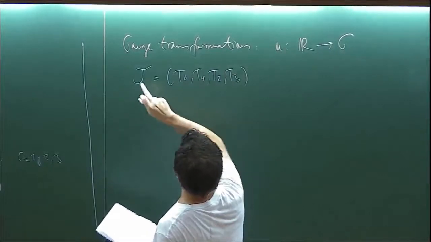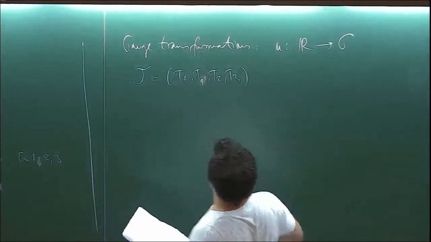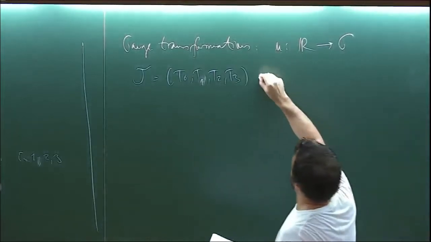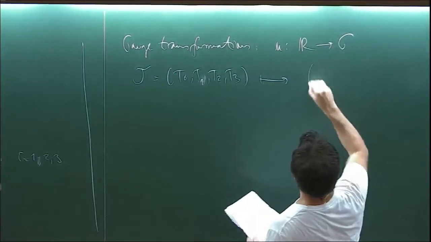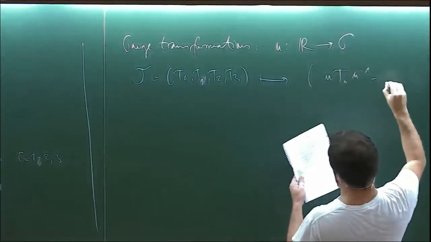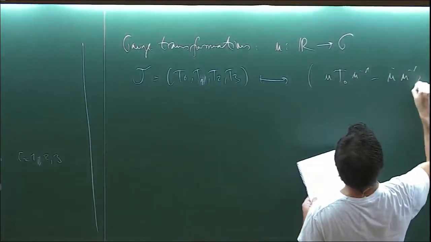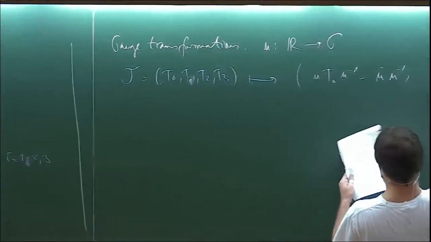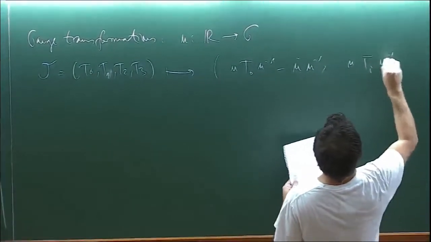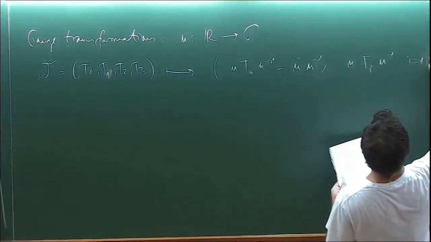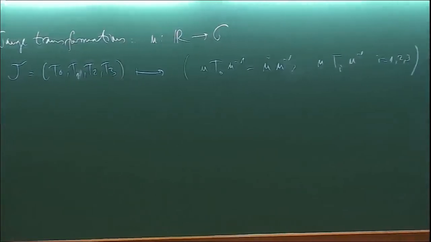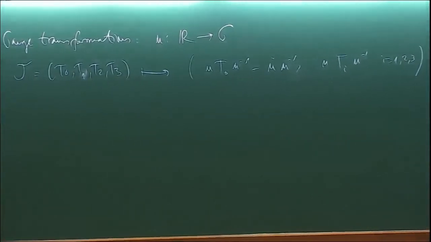I'm going to use this t to denote this quadruple. It is transformed to this, and then just conjugation for the other ones. These transformations preserve solutions.